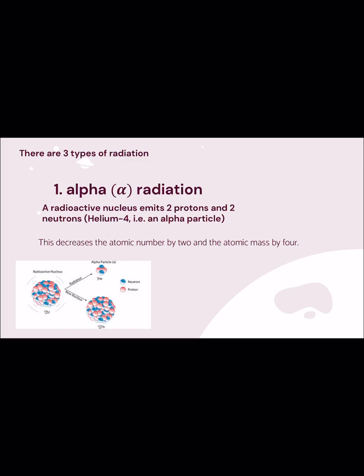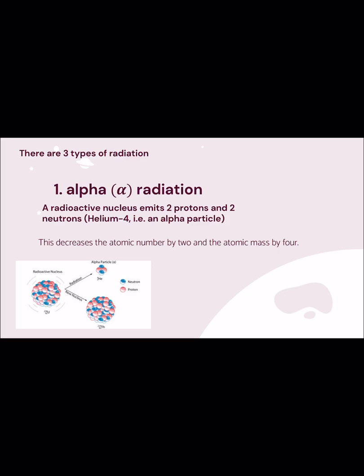When it emits these 2 protons and 2 neutrons, you might notice that's actually helium, right? That's helium-4. Helium-4 is also known as an alpha particle. So alpha radiation is when a nucleus, by alpha decay, emits an alpha particle.